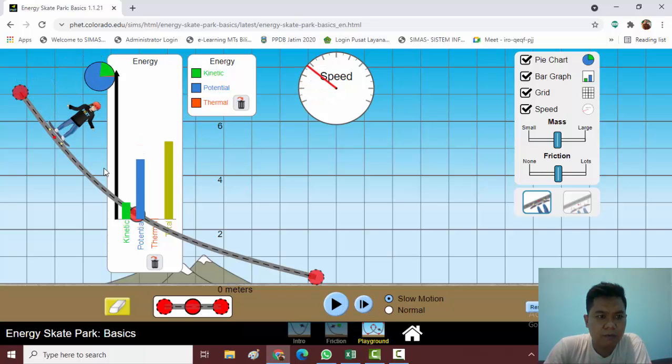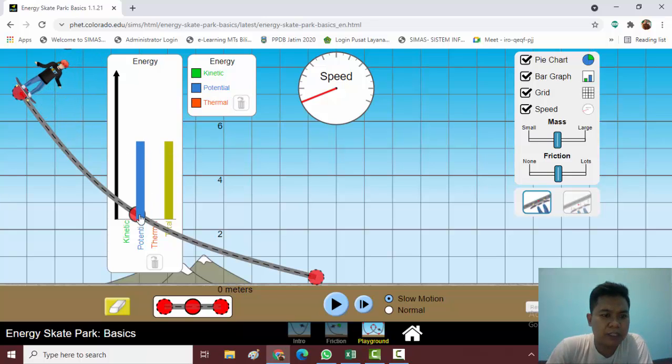From the top point, the top energy is potential energy, and the total energy is the same as the potential energy. From this animation, we know that the total or mechanical energy is the same as the potential energy, because at the top point there is no speed from the person.